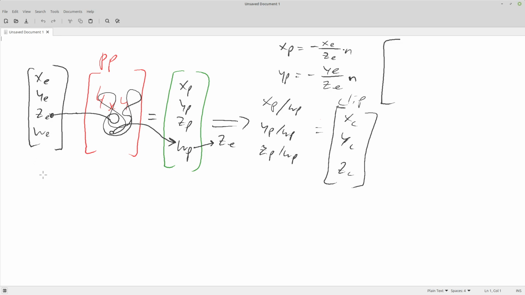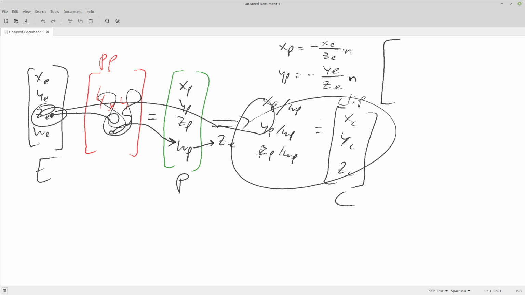So we're going from eye space to projected space to clip space, right? So how do we keep this around? I kind of beat that idea to death, that we need to keep this value around so we can do all this. But how do you actually do that? Well, let's think about how matrices work.